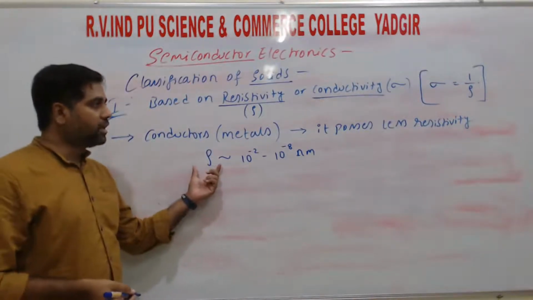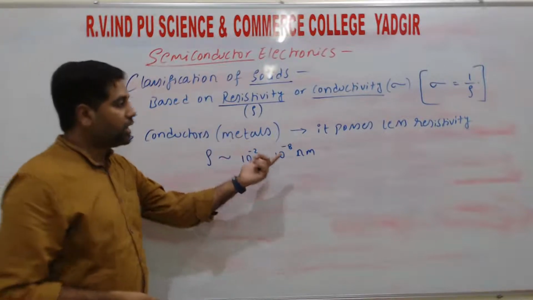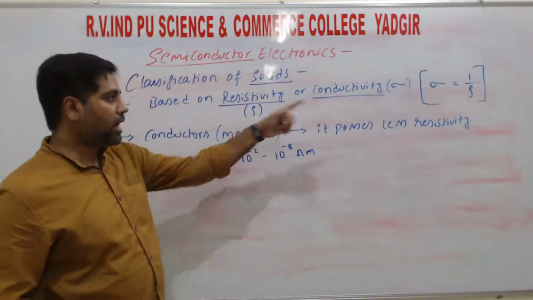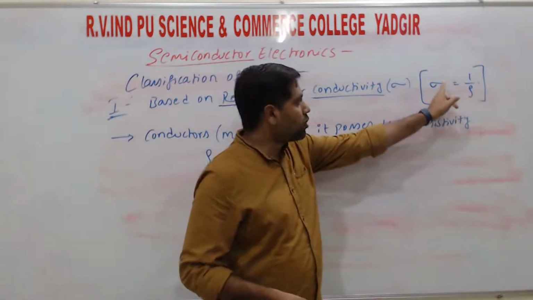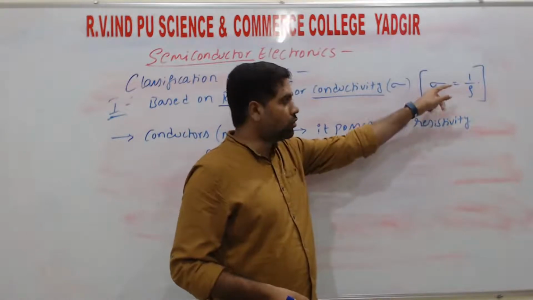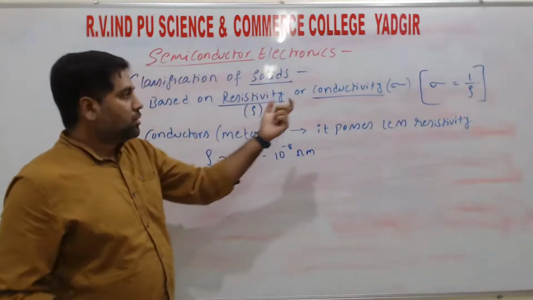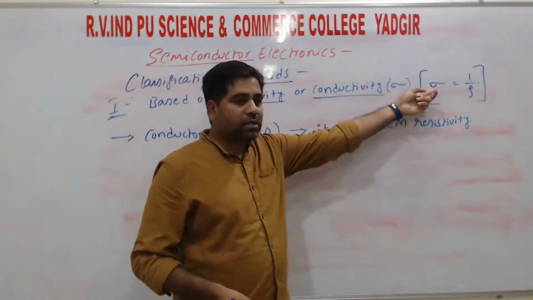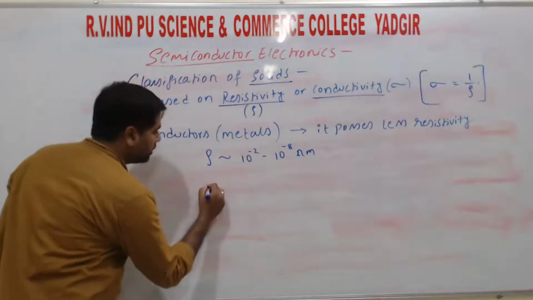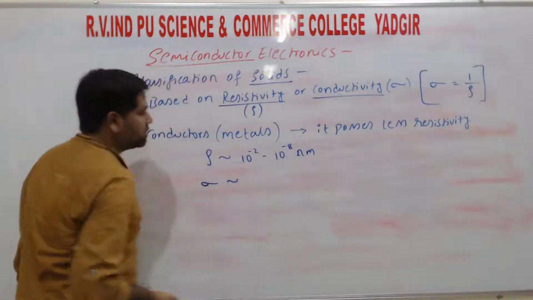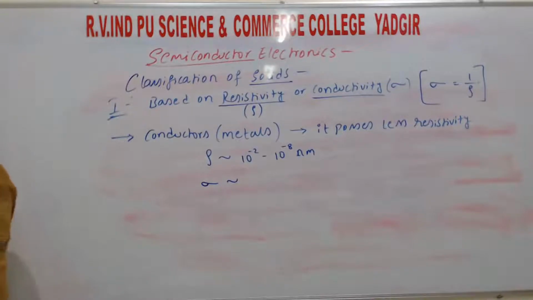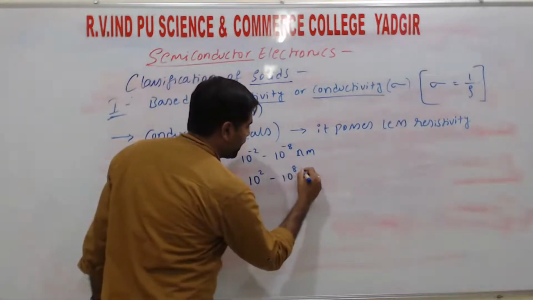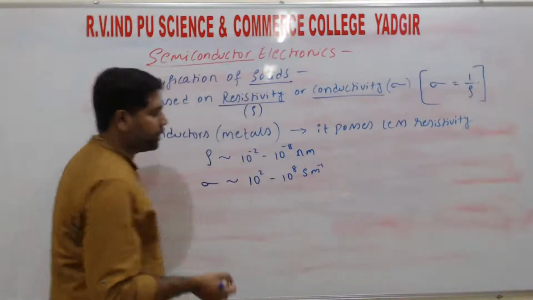As resistivity is the reciprocal of conductivity, if this value is less, then automatically the conductivity value is more. So in conductors, the conductivity is more. The conductivity ranges from approximately 10 to the power of 2 to 10 to the power of 8 siemens per meter.